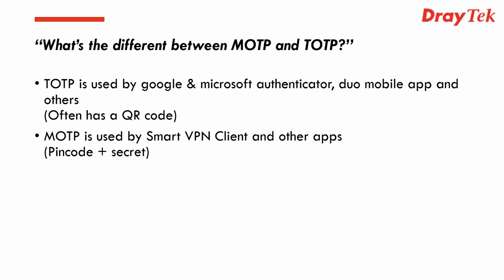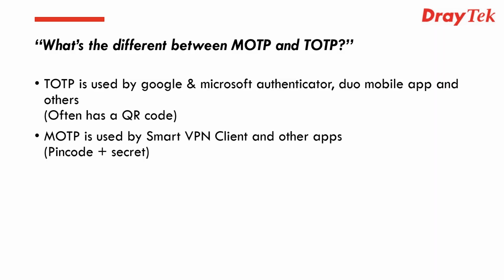TOTP is the one that's used in the Google and Microsoft Authenticator apps, also things like the Duo Mobile app and other apps. Often you can tell it's a TOTP one because it could have a QR code to do the setup, or you can use the really long string, but it's difficult to remember. So often there's a QR code that you would scan.